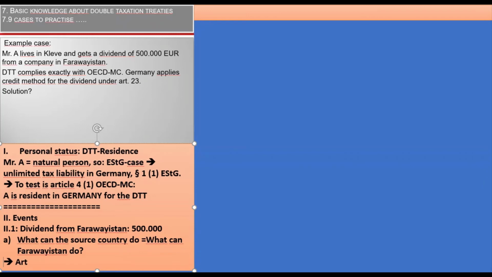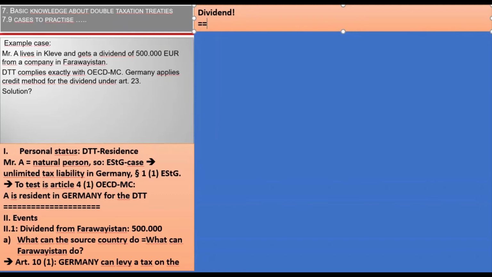Article 10.1 said Germany can levy a tax on the dividend. That's first a surprise. Here something seems to be missing, because that just says something which is normally self-evident. The state of residence can always tax. So we should check if there's something missing.